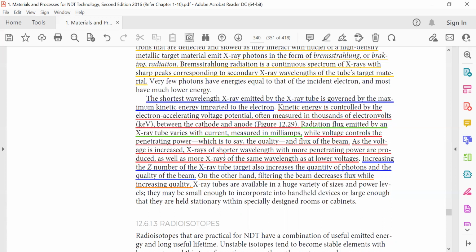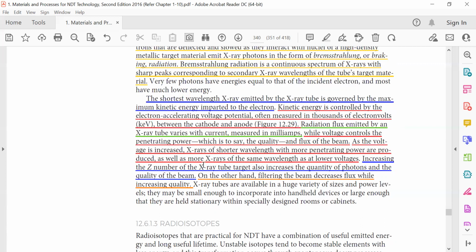As the voltage is increased, X-rays of shorter wavelength with more penetrating power are produced, as well as more X-rays of the same wavelength as at lower voltage, increasing the quality of the beam.